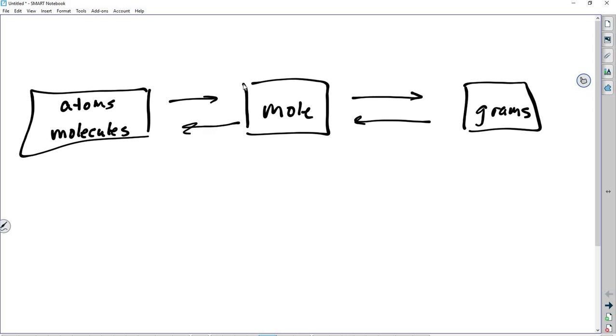So for instance, if I start with atoms and I'm trying to get to moles, then I'm only going to have one conversion. If I start with grams and I'm trying to get all the way to atoms, I'm going to have 2 conversions. So the first thing is to identify where you are, and where you need to get.